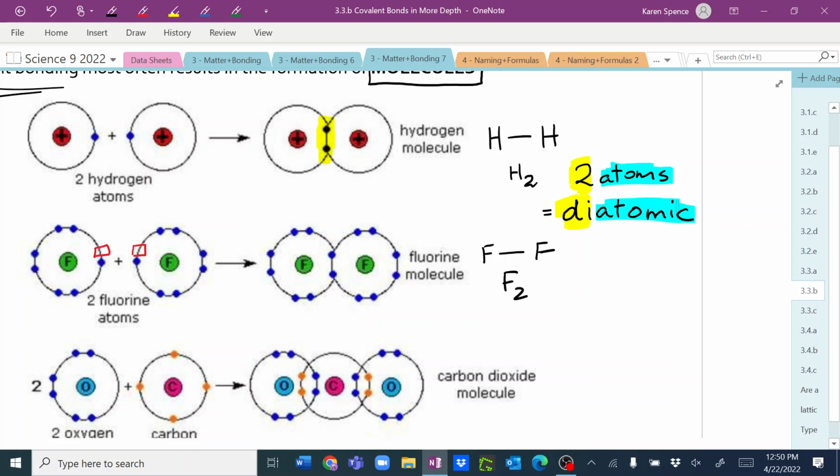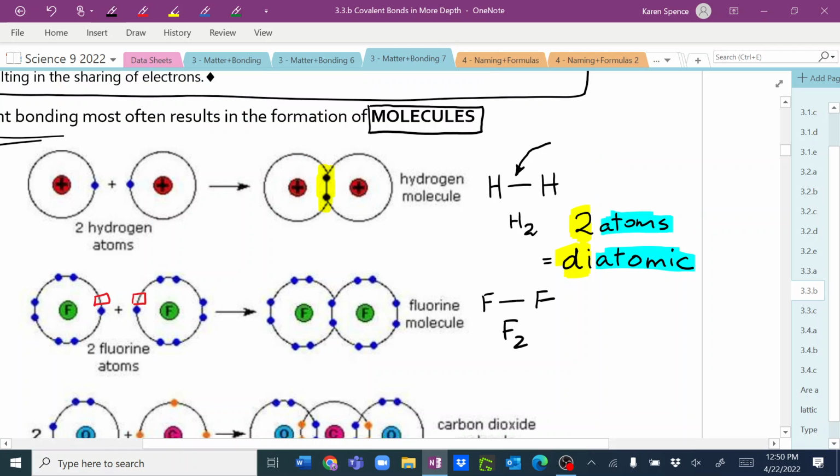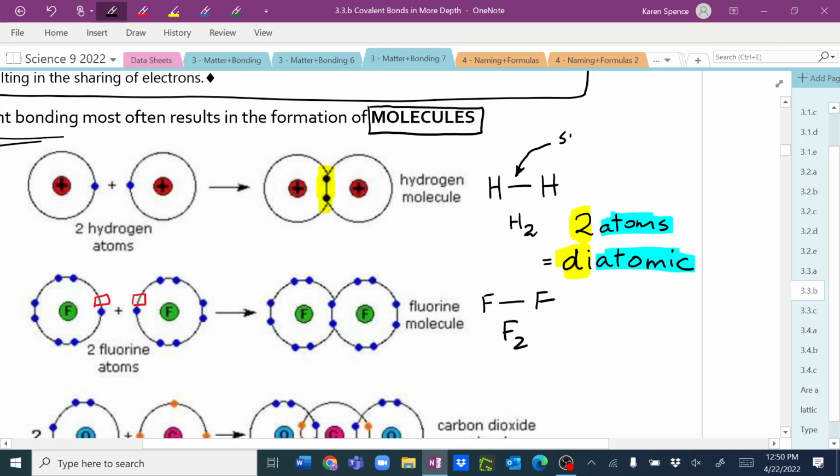Fluorine is also a diatomic molecule. And what does this single line represent? That is a single covalent bond.